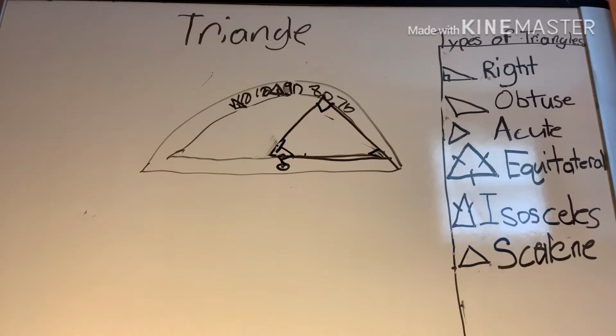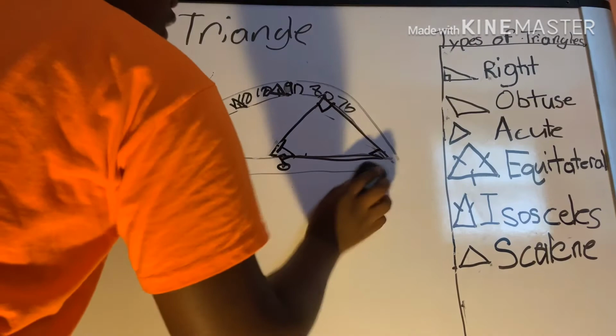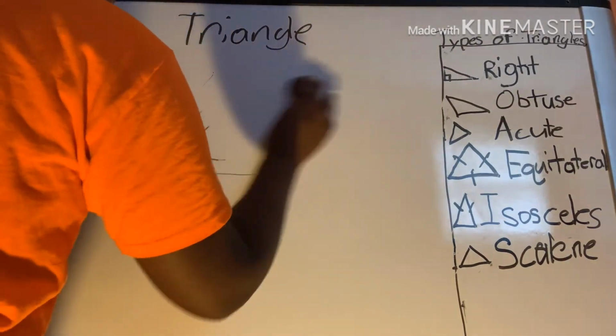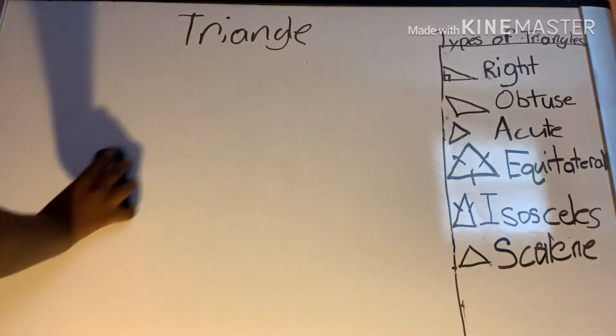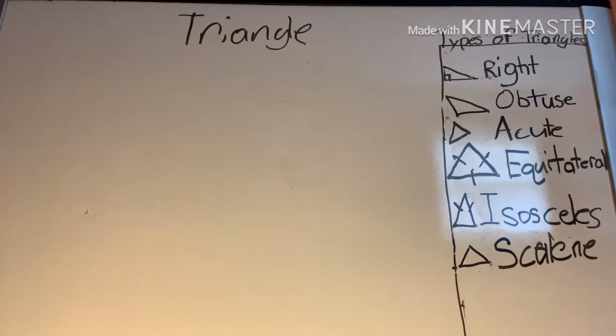So let's say we're gonna go straight to equilateral. So we erase the protractor because that's not needed for these anymore. Okay, how much do you know about your triangles, more or less? So an equilateral triangle is a triangle with the same exact length on each side.